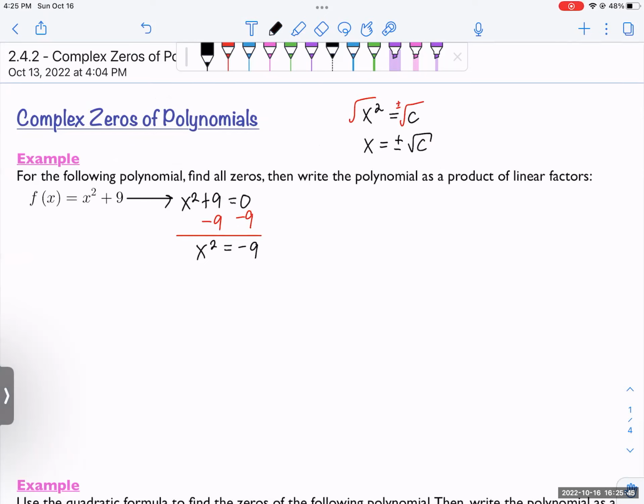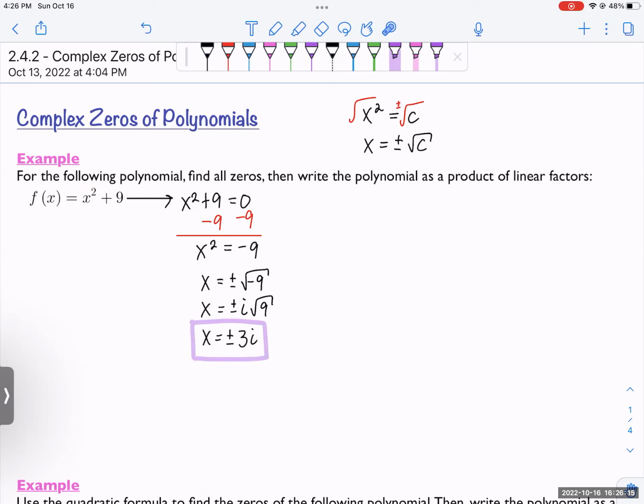So x squared is equal to -9 gives us x equal to plus or minus the square root of -9. x is equal to plus or minus i square root 9. x is equal to plus or minus 3i. These are the zeros of the polynomial x squared plus 9.